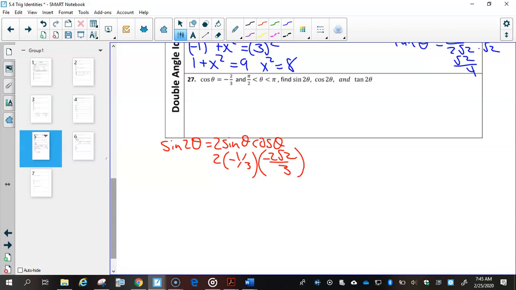So once you have your sine, your cosine, your tangent, you just need to put them into your formulas and simplify. Notice that our double angle is no longer negative. That's okay. Just our sine theta needed to be negative. Our cosine theta needed to be negative.